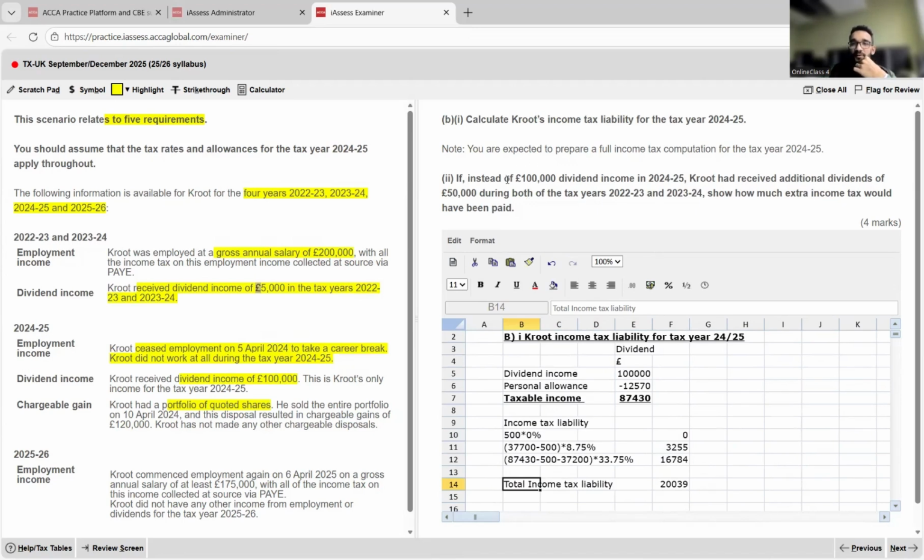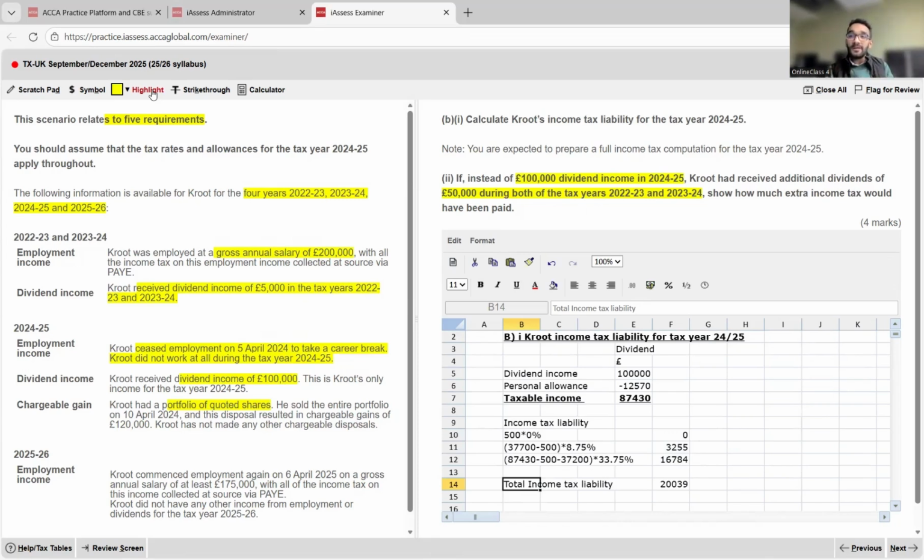Now, instead of the 100,000 dividend income in 2024-25, what they are saying is that Crore had received an additional dividend of 50,000 during both tax years. What they are trying to say is that he has received 100,000 dividend in 24-25.